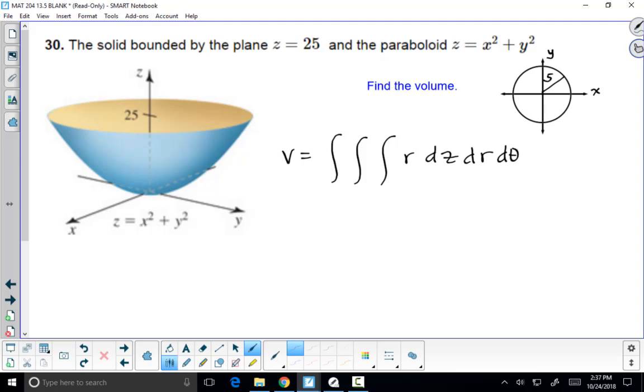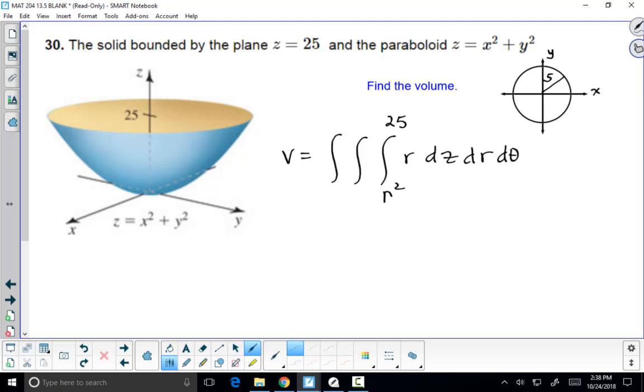Okay, so z, the lower surface is the paraboloid, and that z equals r squared. Upper surface, 25. Everyone okay with that? So the bowl is the lower surface, so that's z equals r squared.